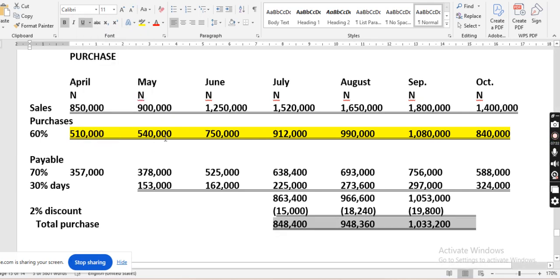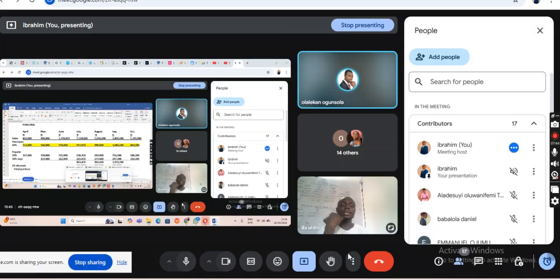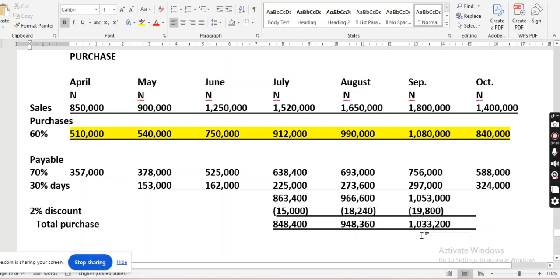Hope you are fine. Now, the next, we've already said this is the total purchases for each of the months, right? Don't forget, the question says, let me put the purchases. Please screenshot these purchases so that you give me the figure.